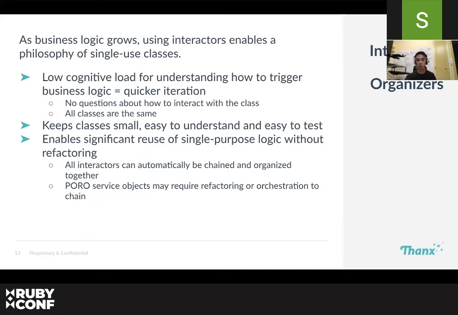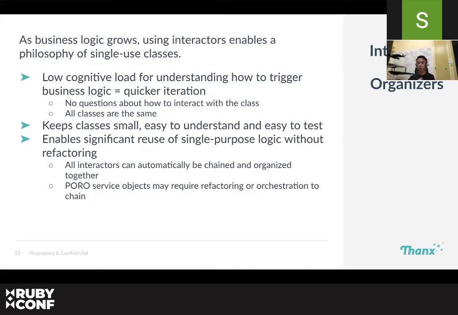It keeps classes small, easy to understand, easy to test. Enables significant reuse of the single purpose logic without refactoring. And because all of these interactors can automatically be chained and organized together without having to build an orchestration layer or any refactoring, this makes this concept really, really powerful.